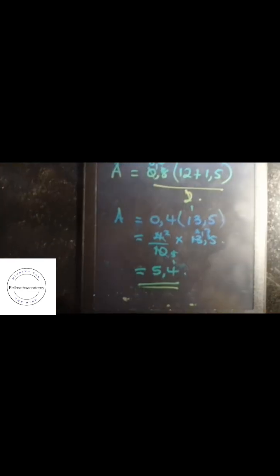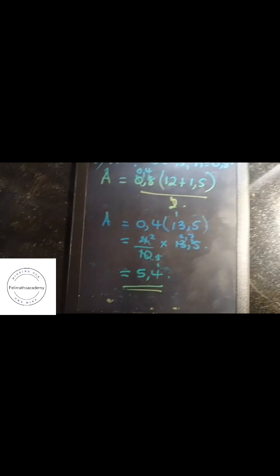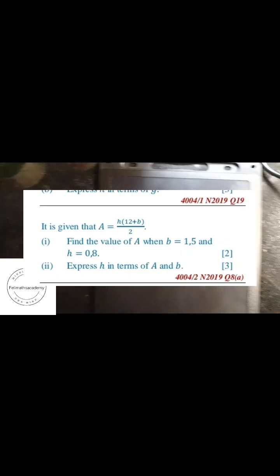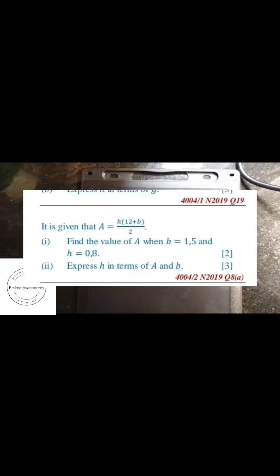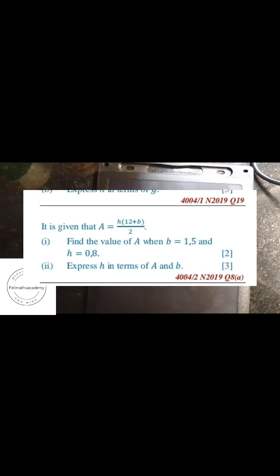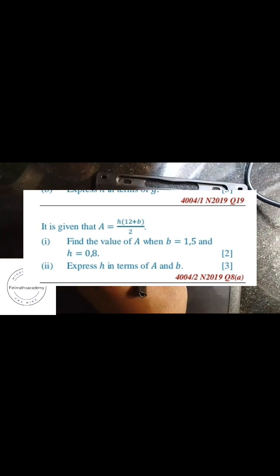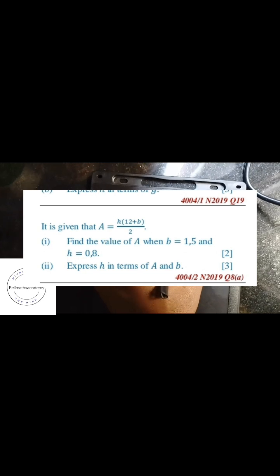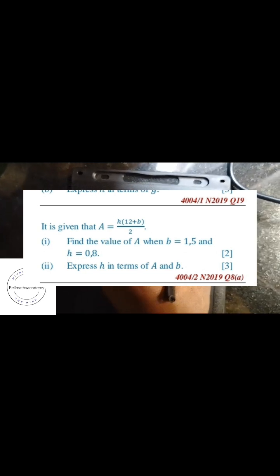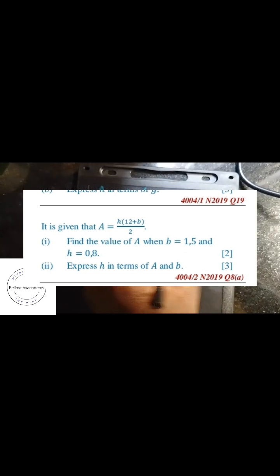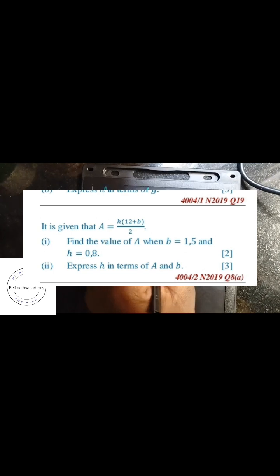Right, then our item 2. Item 2 requires us to express H in terms of A and B. But we have our A is equal to H multiplied by 12 plus B all over 2.